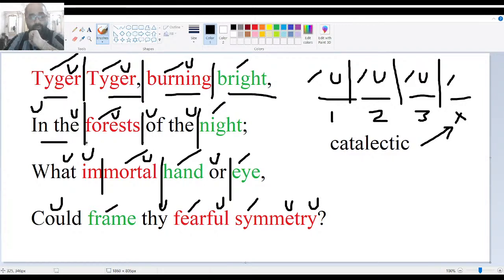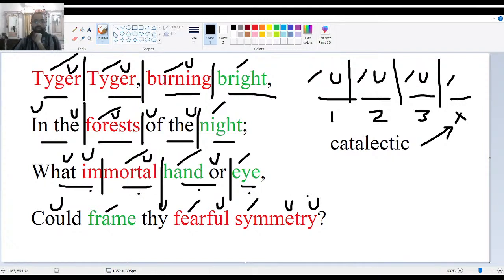The second line as well is an example of trimeter catalectic. 1 2 3, and then the incomplete foot. The third line as well. 1 2 3, and then the incomplete foot. Trimeter catalectic.